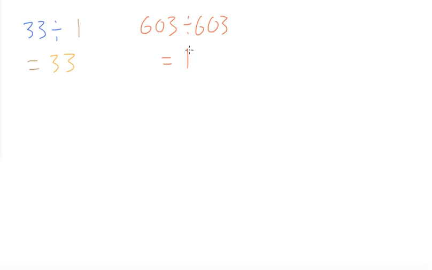So if you divide any whole number by itself, it's going to equal 1 with the exception of 0. If you do 0 divided by 0, it's going to be undefined. Not going to work. Okay?